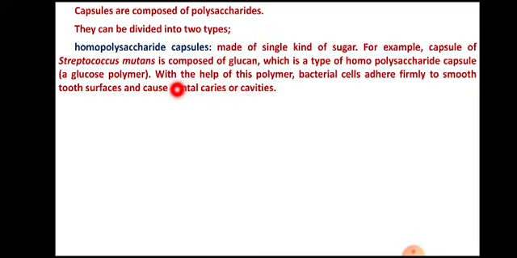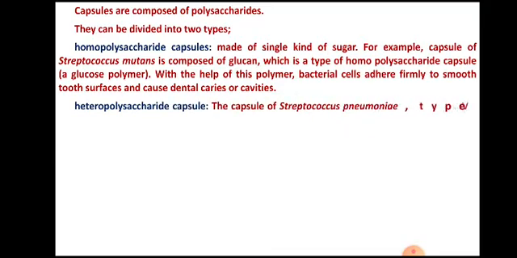With its help, the bacterium can bind firmly to smooth surfaces like our teeth, and if it persists there, it can populate the surfaces of teeth, which leads to the development of dental plaque, and further to dental caries or cavities.